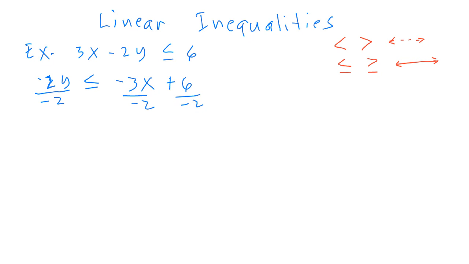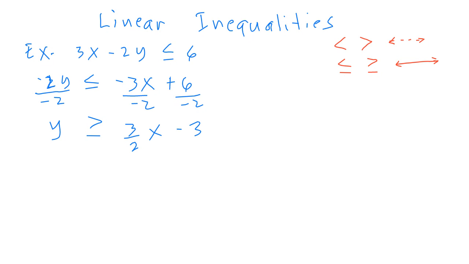Instead of less than or equal to, it should be greater than or equal to. And then negative 3 divided by negative 2 is a positive 3 over 2x, which is our slope in this case, and minus 3 here.